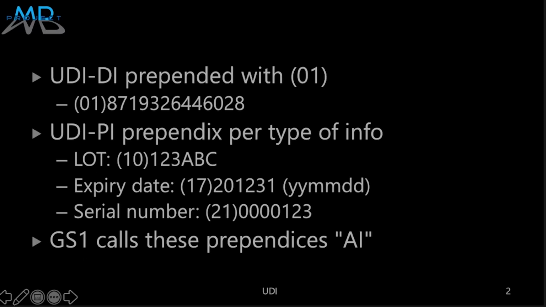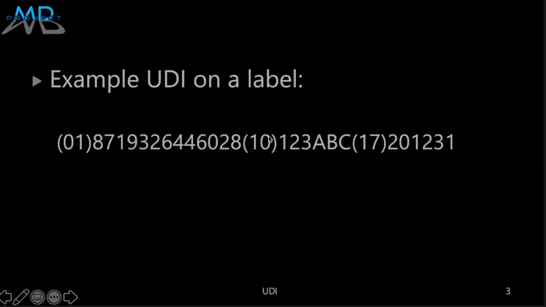GS1 in their general specifications say there are a lot of types of production information that you could include. Not sure about the software version, but let's say a certain configuration could be identified with 22. So next to this, you could also have a 22 and then some additional number.